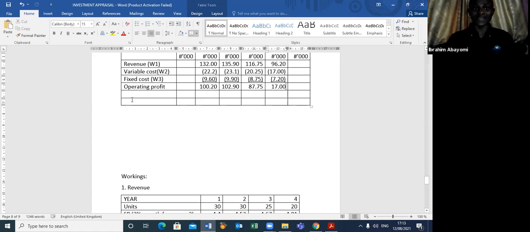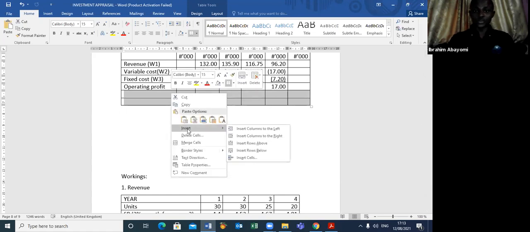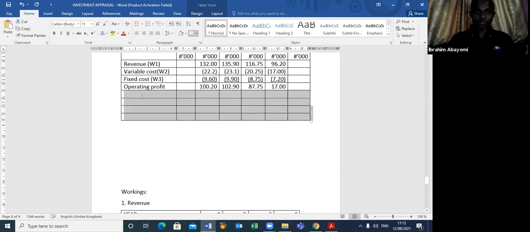I need to sort my tax, Abby. And don't forget that for you to sort your tax, you need to factor in the capital allowance. That's the principle I taught you. So let me insert more rows.